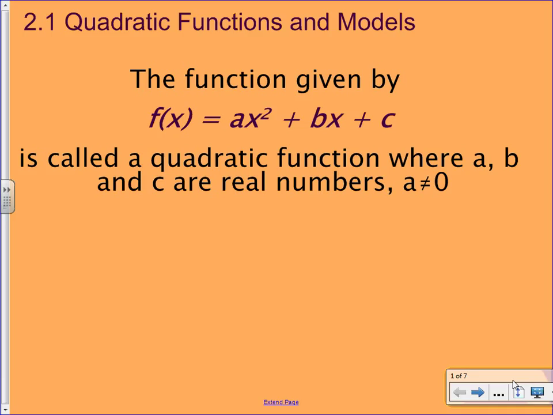Okay, this is something that you know. You don't have to write this down word for word if you don't want to. Okay, you write down what you think you need to. Right? So this is a quadratic function.